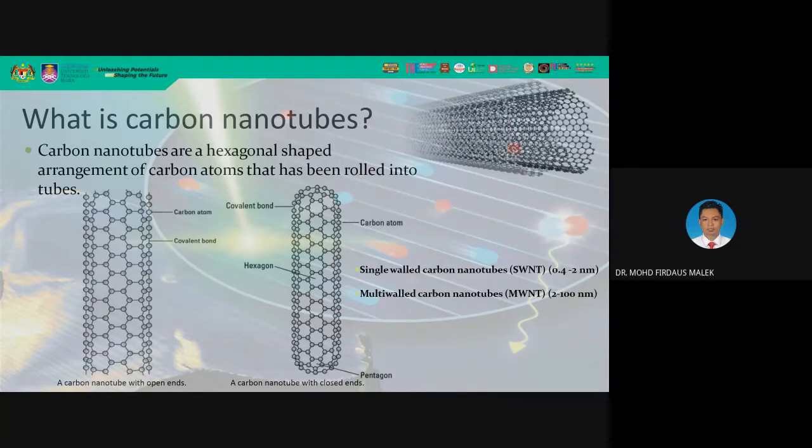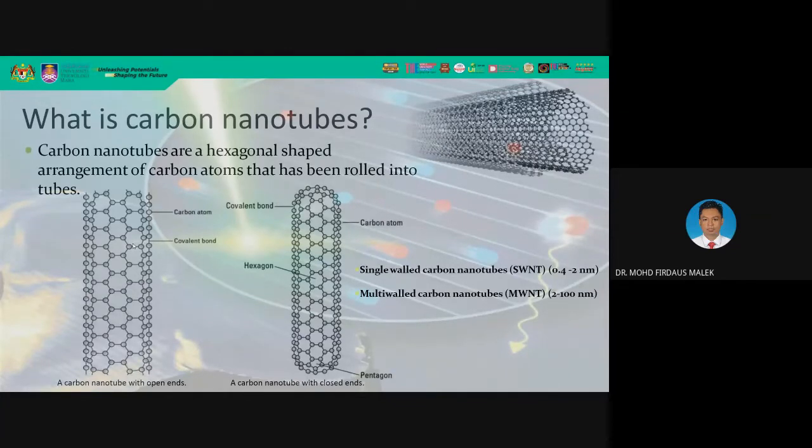So one type of carbon nanotube has a cylindrical shape with open ends, this one. And the type yang saya cakap tadi, which is the closed end, formed by some of the carbon nanotube combining into pentagons, bentuk pentagons, on the end of the nanotube.